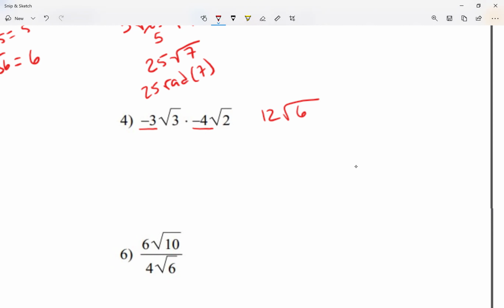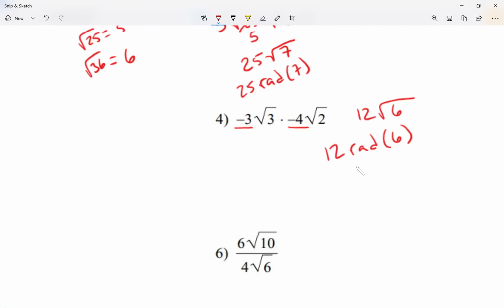Can we simplify that more? No, because I can break it as 3 times 2, but neither the 3 nor the 2 is a perfect square. So that's it, 12 radical 6. Let me write this as 12 rad 6. Wow, that was nice.